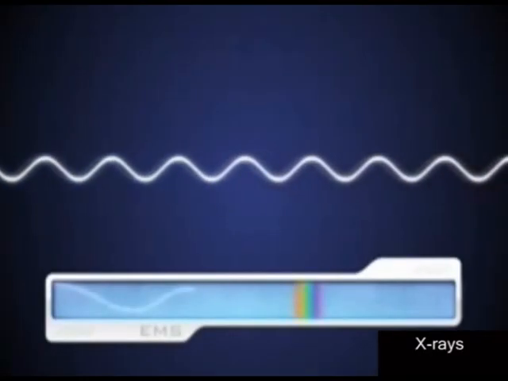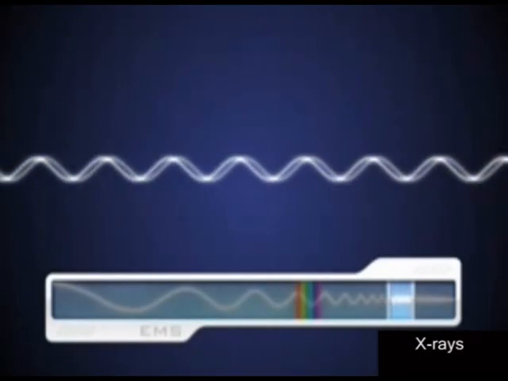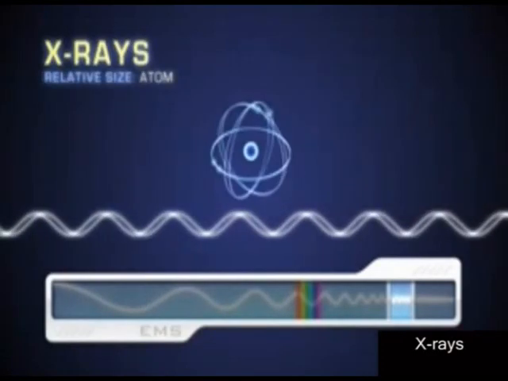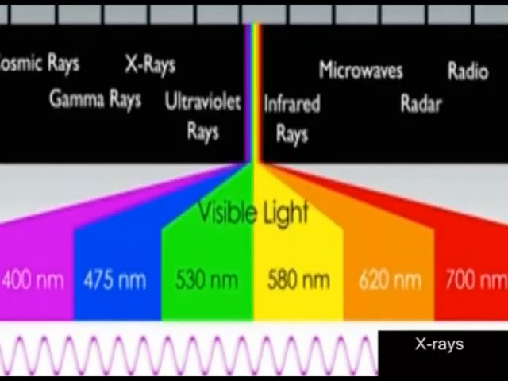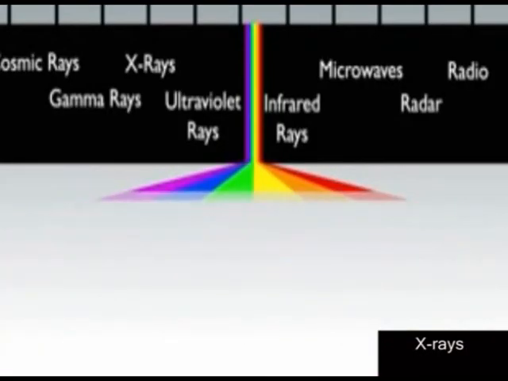X-rays are high-energy light rays with wavelength between 3 to 0.03 nanometers, so small that some X-rays are no bigger than many individual atoms. In the electromagnetic spectrum, X-rays fall between gamma rays and the UV rays.